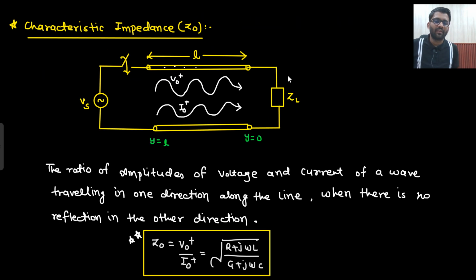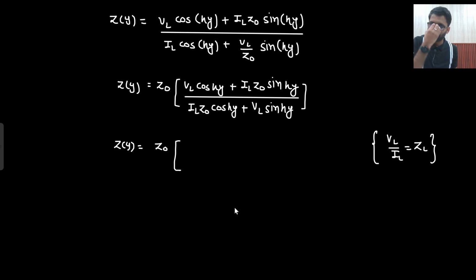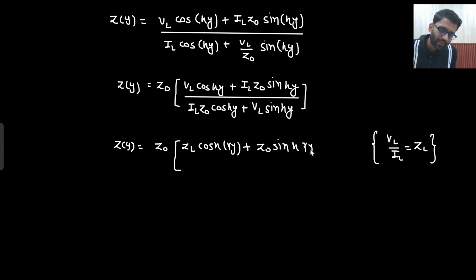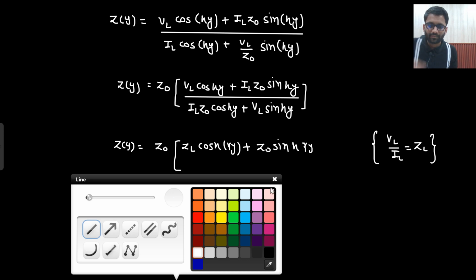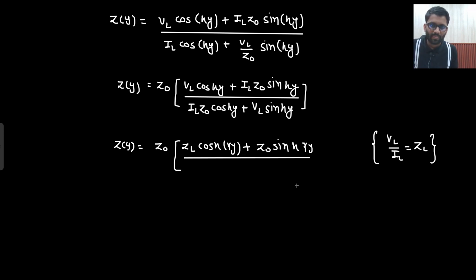So we get ZL cosh(gamma Y) plus Z naught sinh(gamma Y), divided by Z naught cosh(gamma Y) plus ZL sinh(gamma Y).